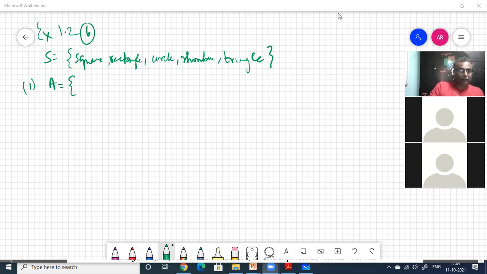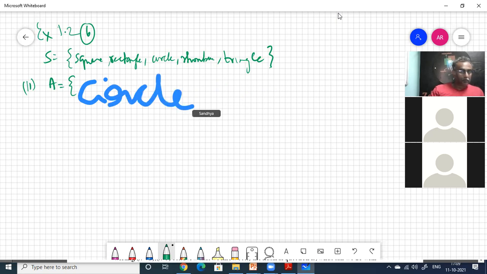Sandhya, you can write second one. The set of shapes which have radius. Very good. That's also very good. So that is done.